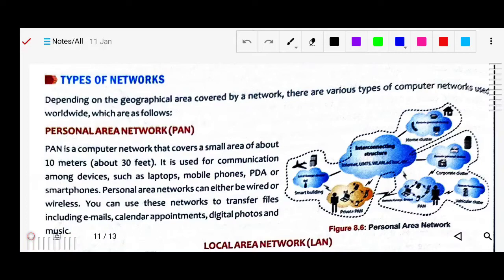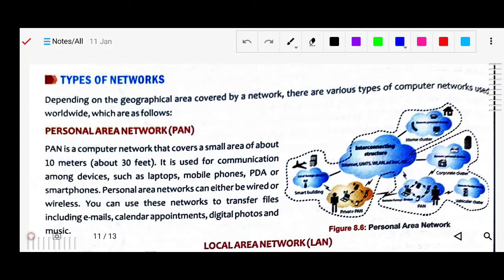In the last class, we have seen computer networks and their components, and the advantages and disadvantages. Also, networking media: we can connect the computers in the network using wired technology, or we can apply wireless technology.